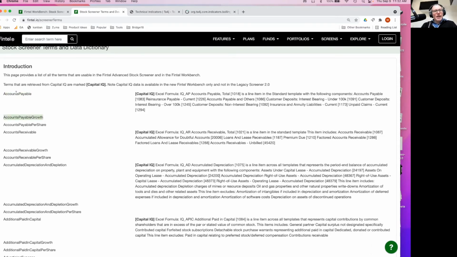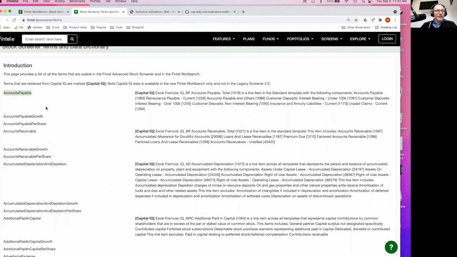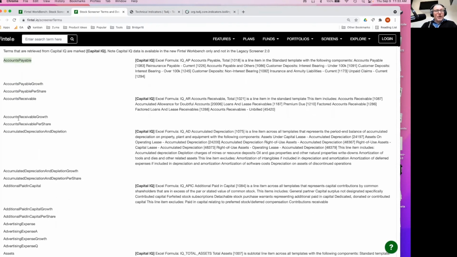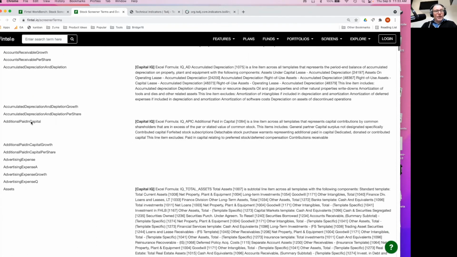For accounts payable growth, we look at the current accounts payable, we look at the accounts payable a year ago, and we provide you with the percent change. It's that simple. Accounts payable per share, we take the accounts payable and divide it by the total common shares outstanding. And likewise with all of these other balance sheet numbers.